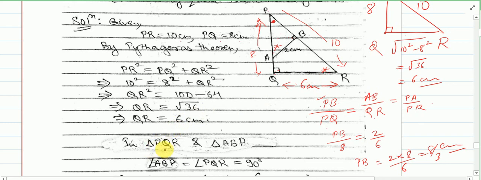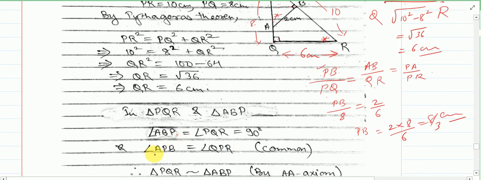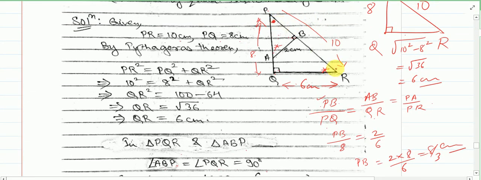Now in triangle PQR, this was simply an explanation for you, like how we are going to find PB. Before finding PB, we have to show that these two triangles are similar. So in triangle PQR and triangle ABP, angle ABP is equal to angle PQR, that is 90 degree, and angle APB is equal to angle QPR is common. I had shown you this angle is common.